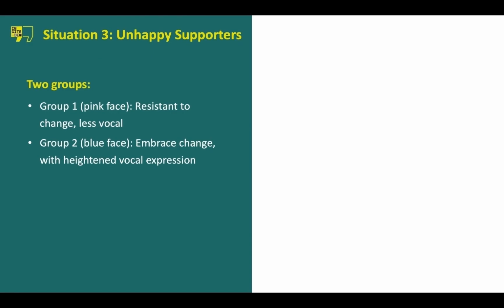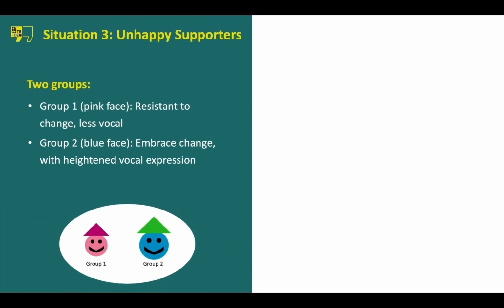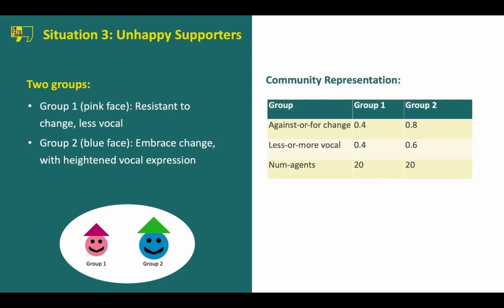In the third situation, the community is again divided into two groups. One group shows slight reluctance to change and is less vocal, while the other group embraces change and is more vocal. Parameter settings are detailed in this table. Group 1 exhibits a slight reluctance towards change and communicates less, indicated by a value of 0.4 on both the slider, against or for change, and the slider, less or more vocal.